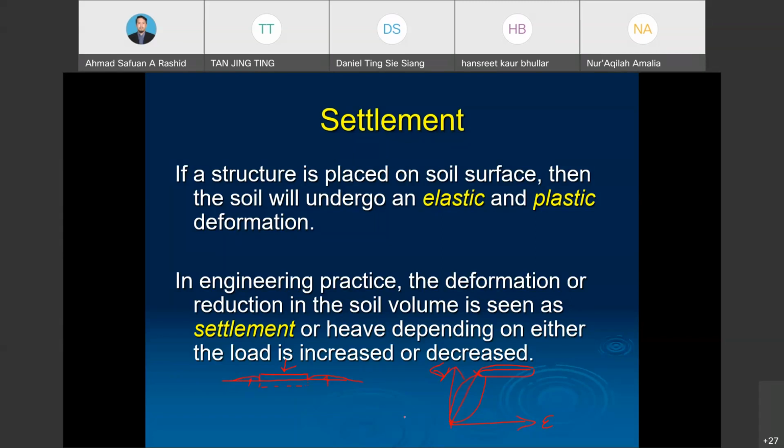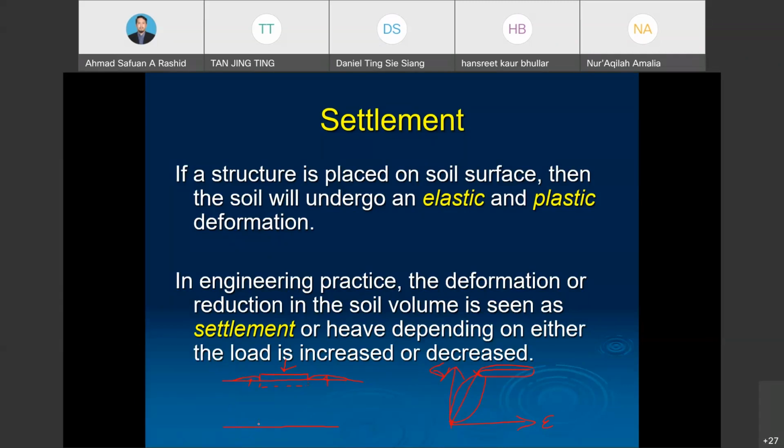Another way to explain settlement and heave. This behavior we call settlement, due to increasing the load on top of the soil. While for heave, it occurs when we reduce the load after we have previously applied a load on the soil.